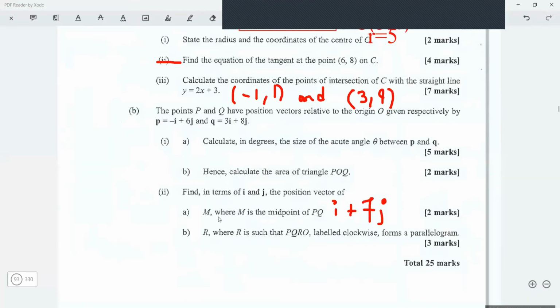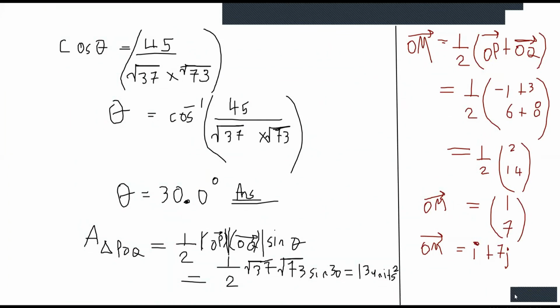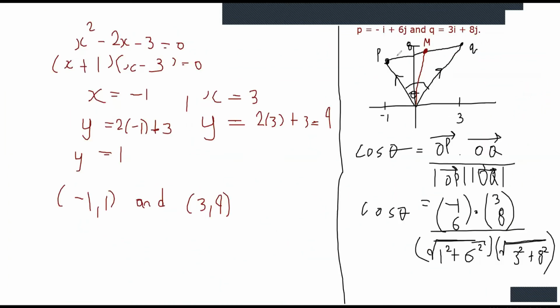Now, guys, it says find the position vector R such that PQRO, labeled clockwise, forms a parallelogram. P, Q, R is somewhere over here, so I can tell you it is 4 something or 5 something.